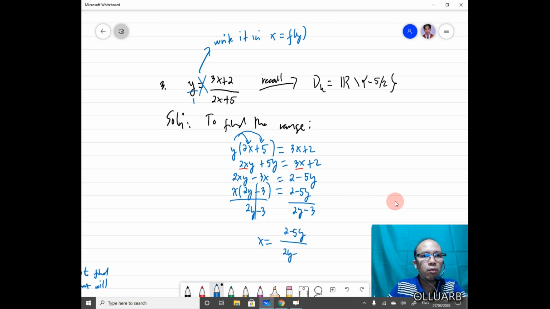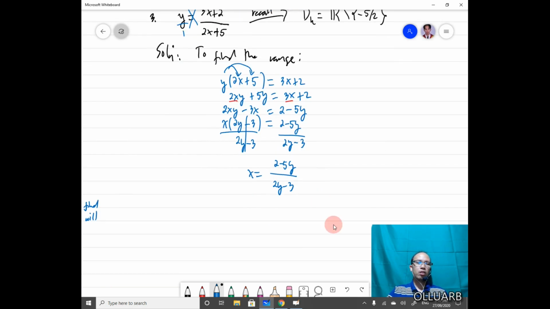So our x is of this form over 2y minus 3. What happened here is that we wrote this in this form, so this is now x in terms of y.